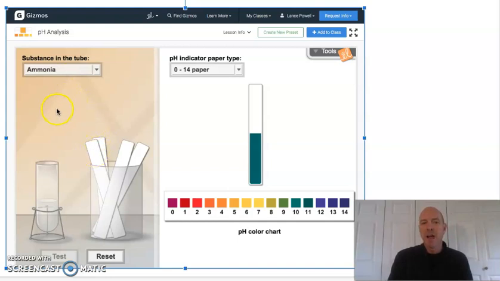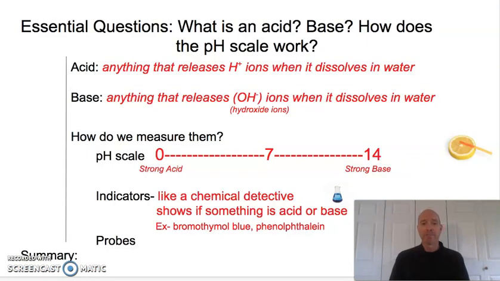And I grab it and I put it in there, and I already did this one, and it came out that color. And if I line it up here, I know that ammonia is a pH 11, right? And so there's going to be an assignment that comes with this that'll hopefully help you explore and recognize how many acids and bases that you have in your house.